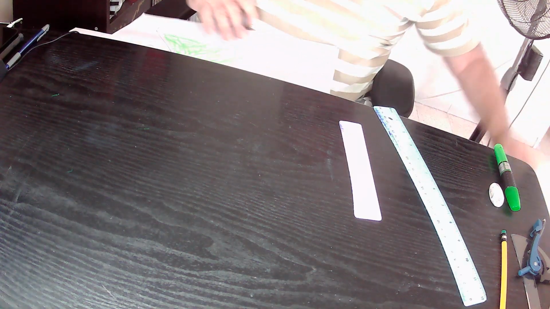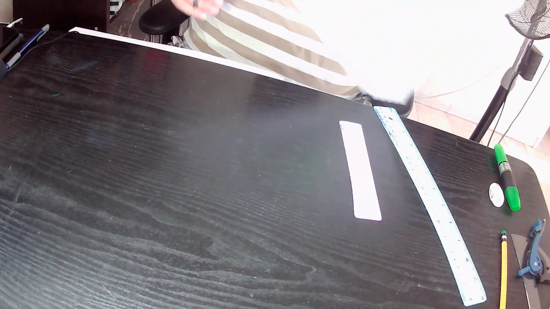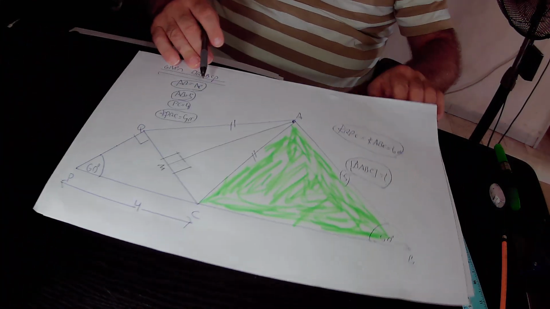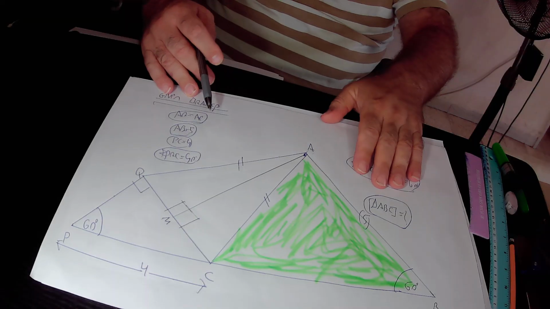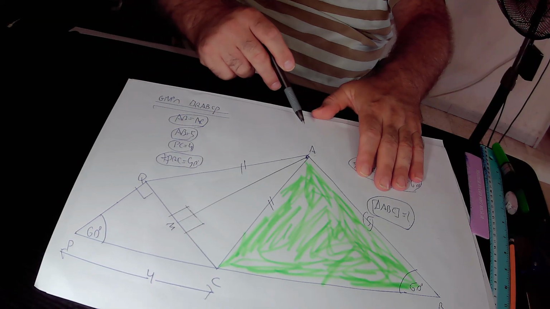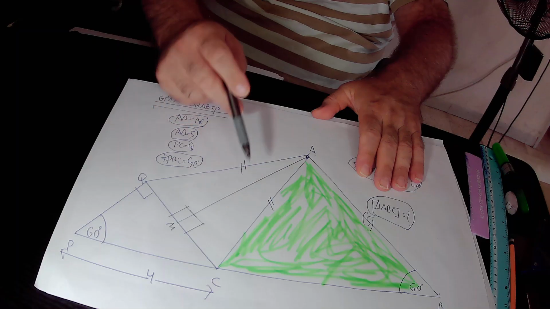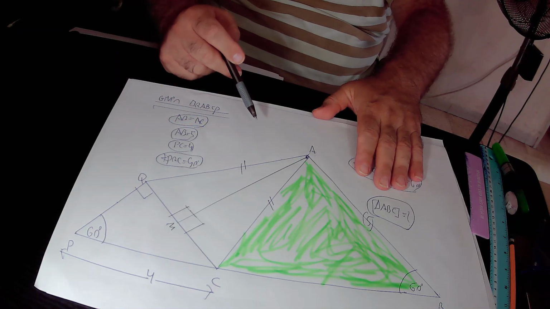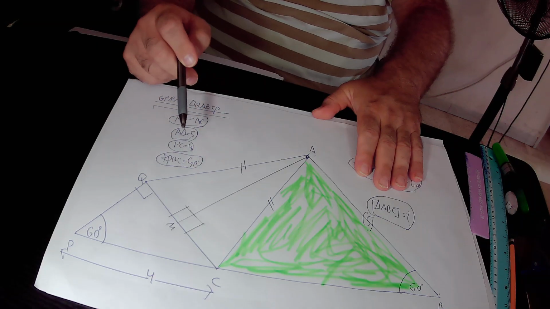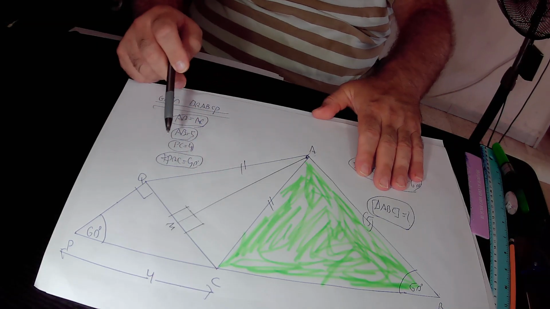Why? Because in our drawing, triangle CAQ is an isosceles triangle because AQ equals AC. According to rule 22, the perpendicular AM to the base QC bisects the base QC.